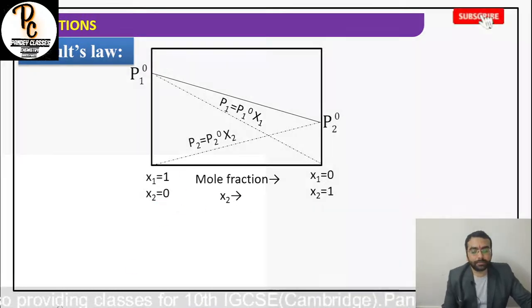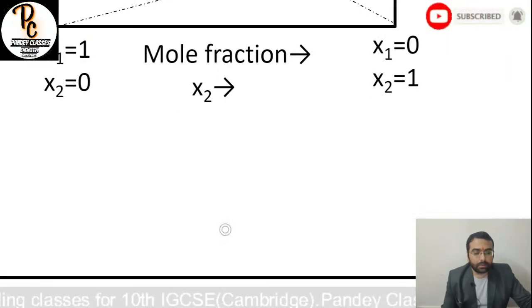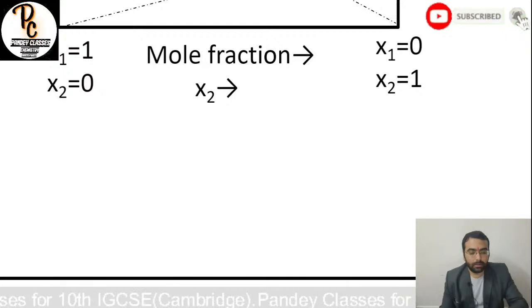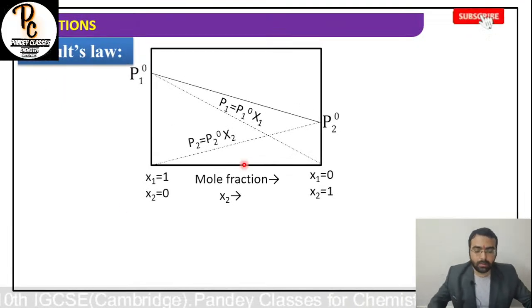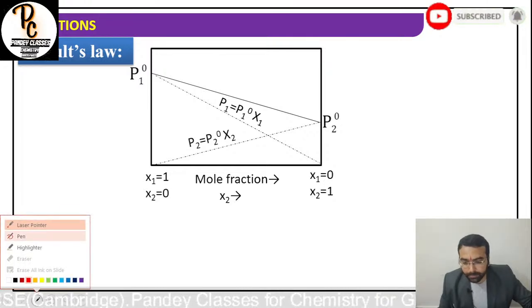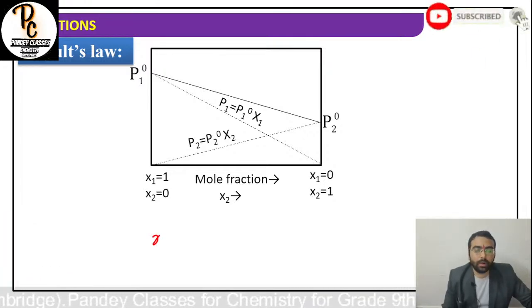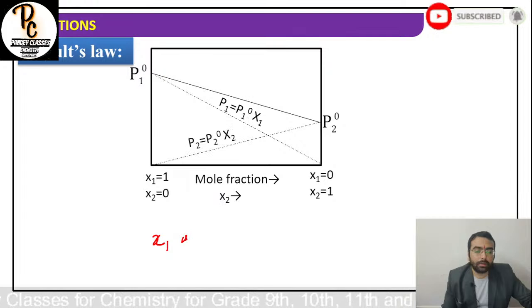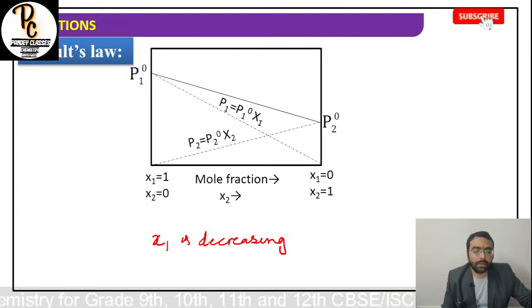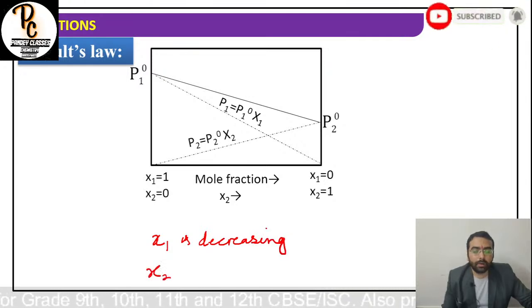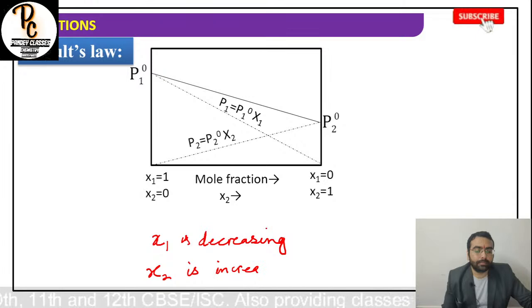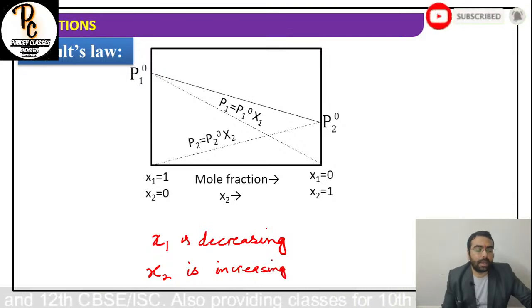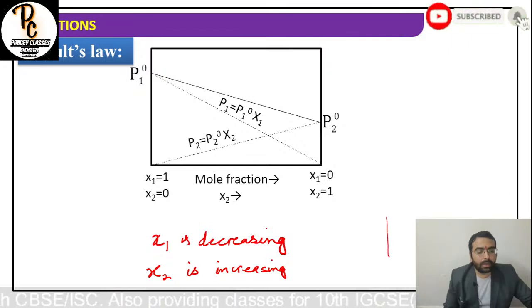If you notice, while moving from left to right, chi1 is decreasing, and chi2 is increasing. And the linear change is somehow like this only.